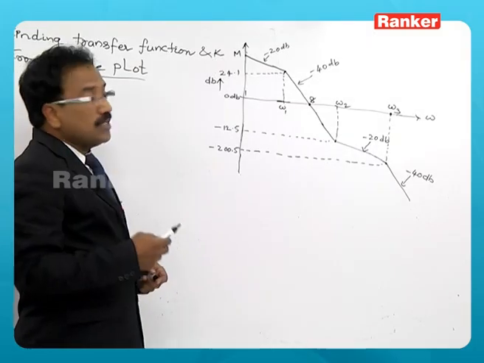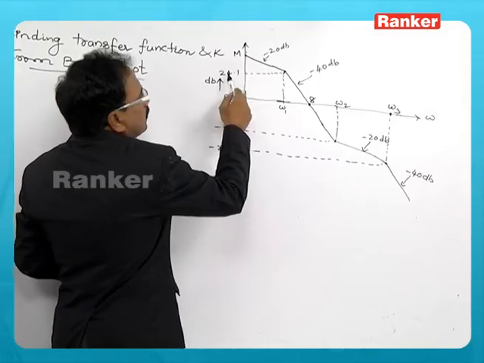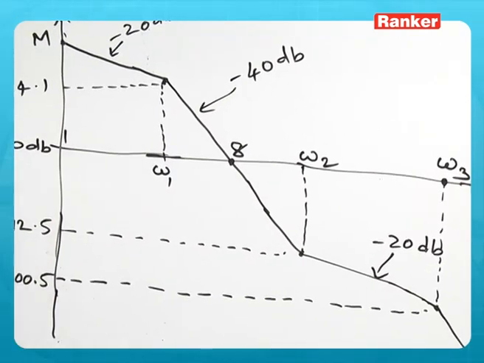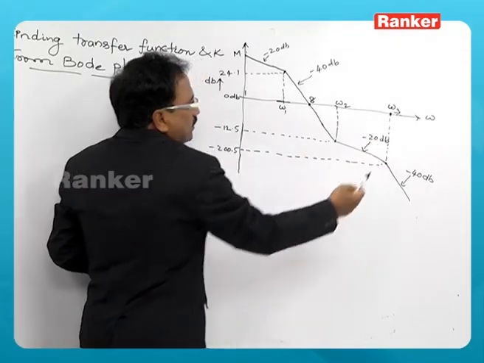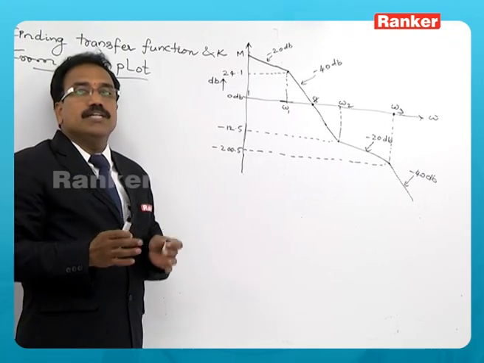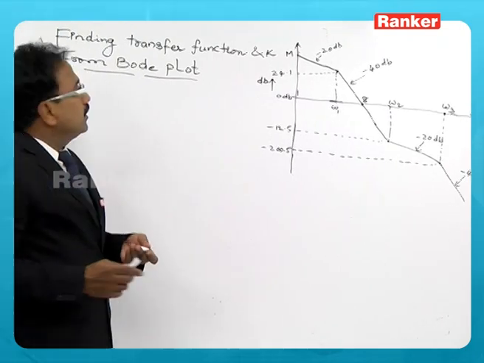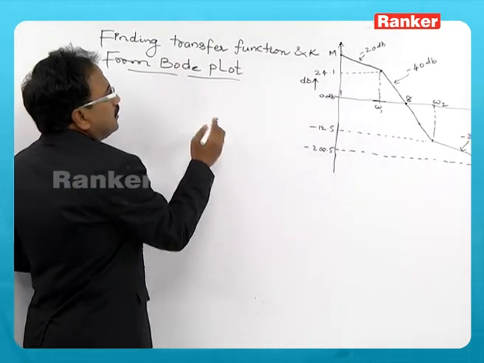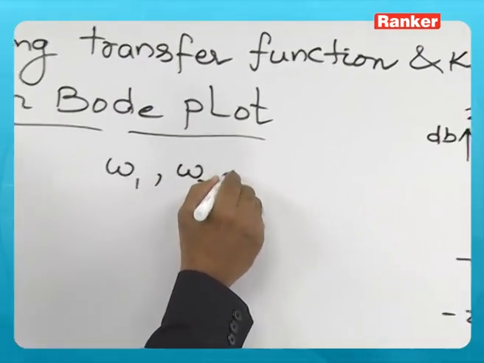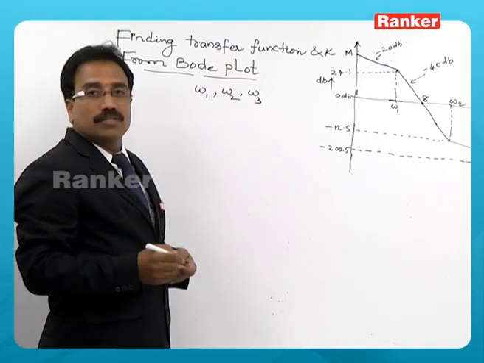The magnitudes are given: at omega 1 it is 24.1 dB, at omega 2 minus 12.5, and at omega 3 minus 200.5 dB is given. This is the data given. So the question begins like this: we need to determine omega 1, omega 2, omega 3, which are known as corner frequencies.